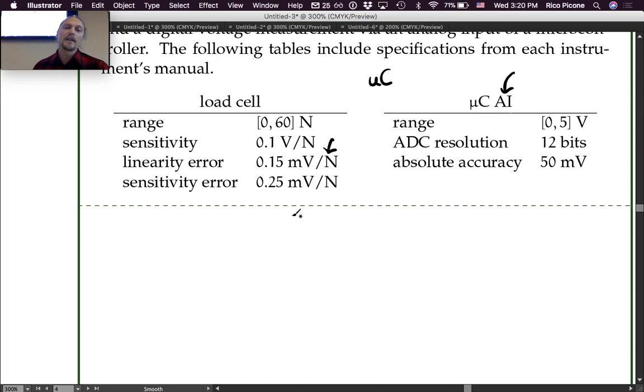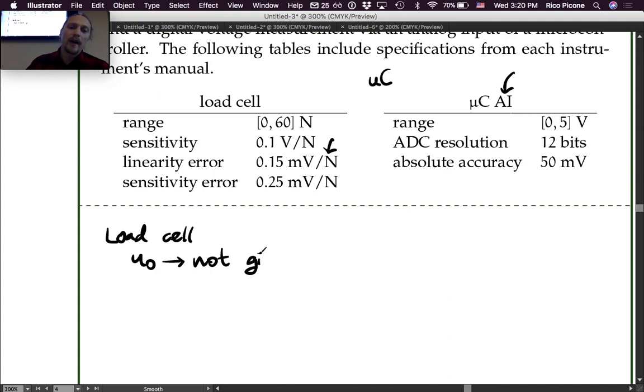design stage uncertainty. Remember that the design stage uncertainty also includes the accuracy estimate, right? The accuracy of the device is the so-called zero order uncertainty, U0. So for the load cell, it's not given, right? We have no accuracy information.